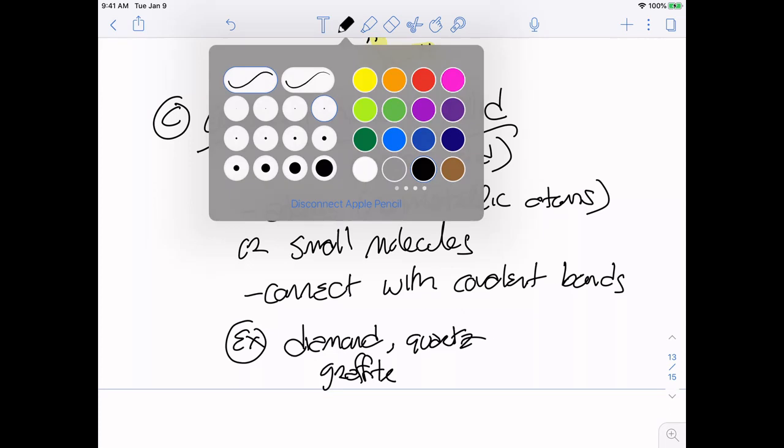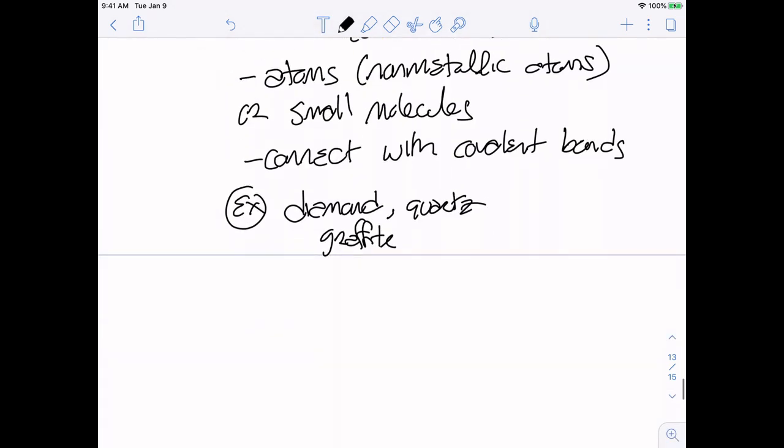I'm gonna draw, I guess a diamond. So it's just a whole bunch of carbons that are attached to each other. And these guys actually form hexagons. Oop, missed a carbon. And then that pattern just kind of repeats itself again.